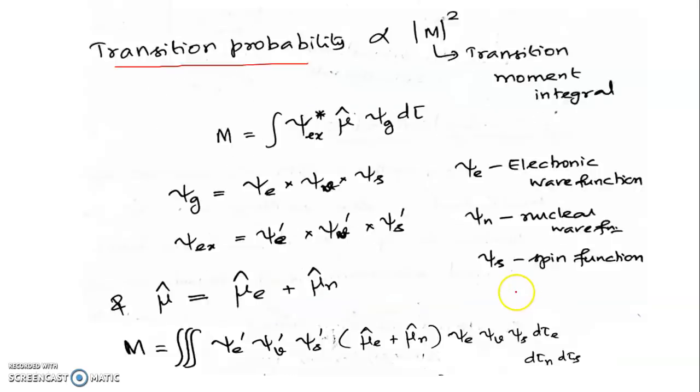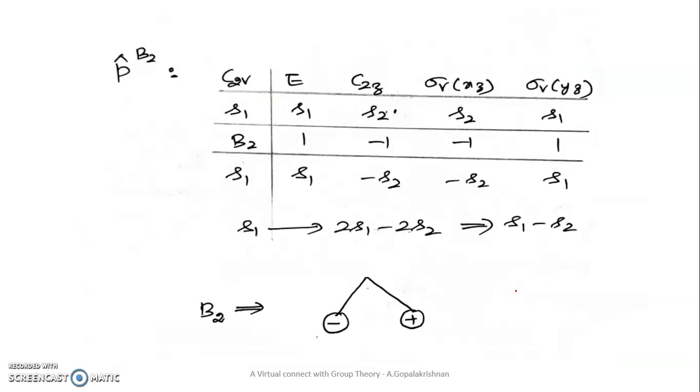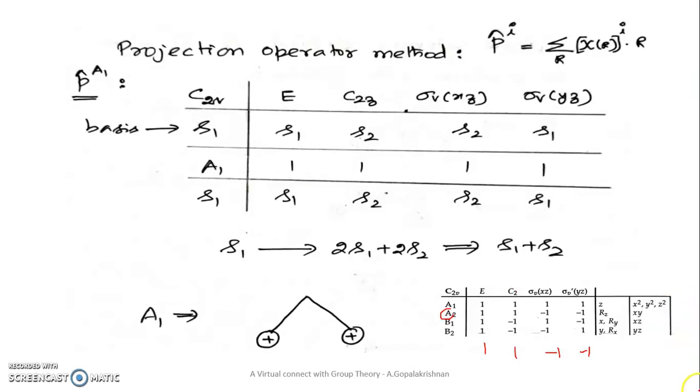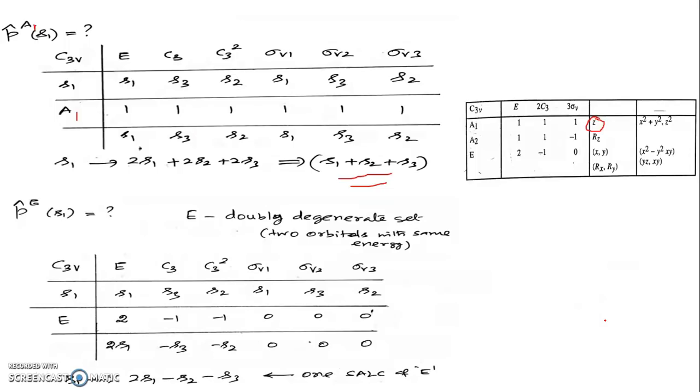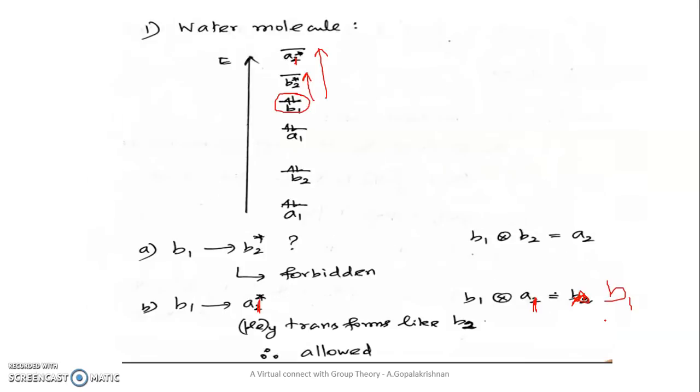Now see the character table of the C2V point group. In C2V, along B1, in the third column we have X. Correct? We have X. Therefore, mu X, not mu Y. This is actually mu X.